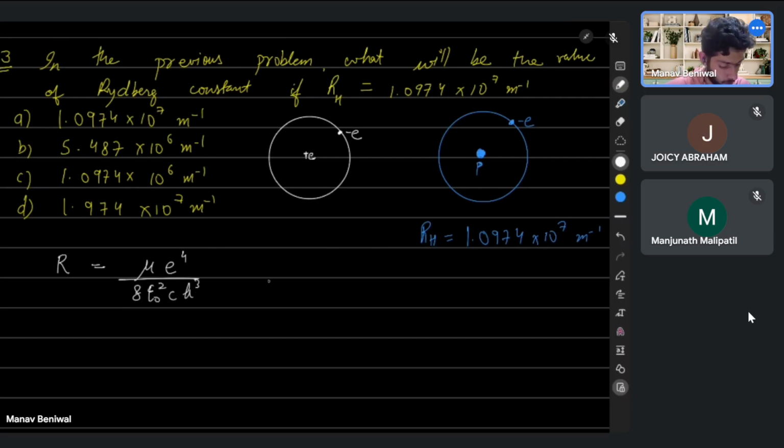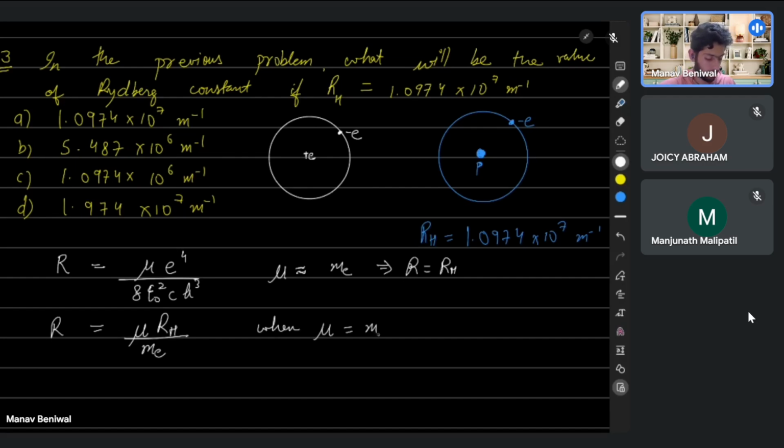And when this mu is me, what we will get is RH. So we can write our Rydberg constant as mu times RH divided by me. In this equation you can see when mu and me are equal, then you will get R as RH, right? So this is consistent with our assumption.